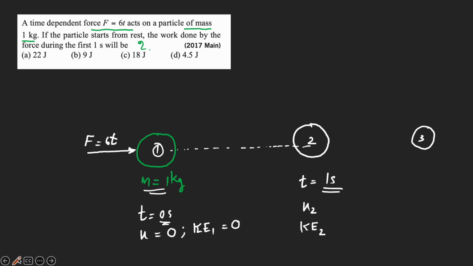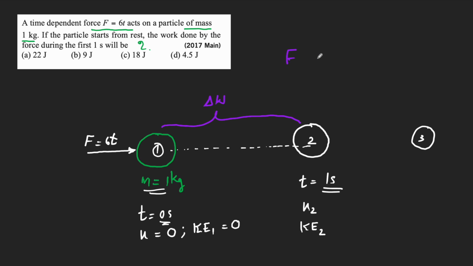What is the question here? The question is, what is the work transfer, delta W, that happened as it moves from 1 to 2? Let's see. Here the work is done by the force.